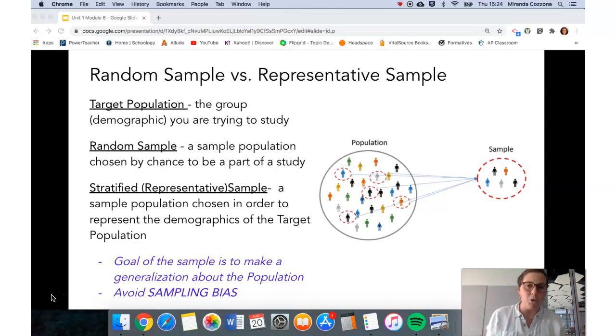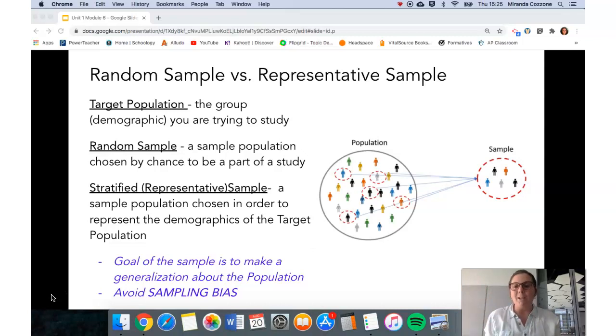That's a random sample. Or I'm creating a sample that is directly in proportion to my population, okay? And the goal of this is to make sure, like I said, that the data you collect, you can apply to your entire population, okay?